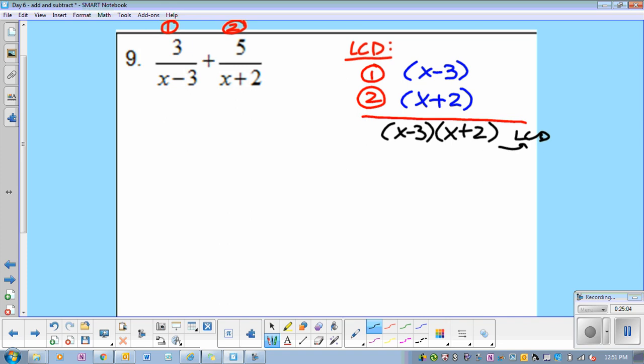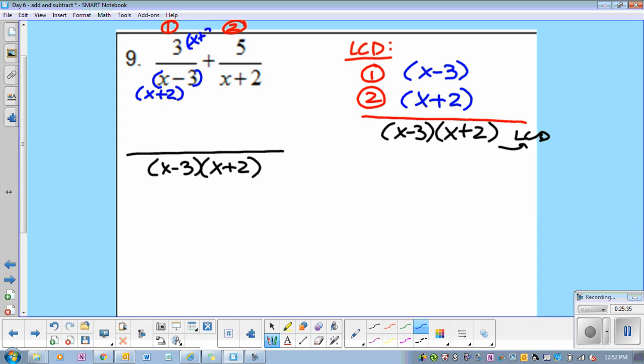Nope, don't even FOIL it. You want to leave it, okay? I'm going to put my LCD on the bottom of a fraction. Now let me see what they're missing. So fraction 1, I already have an x minus 3. What does it need to look like the LCD? It needs an x plus 2. Whatever you multiply on the bottom, you need to multiply on the top.